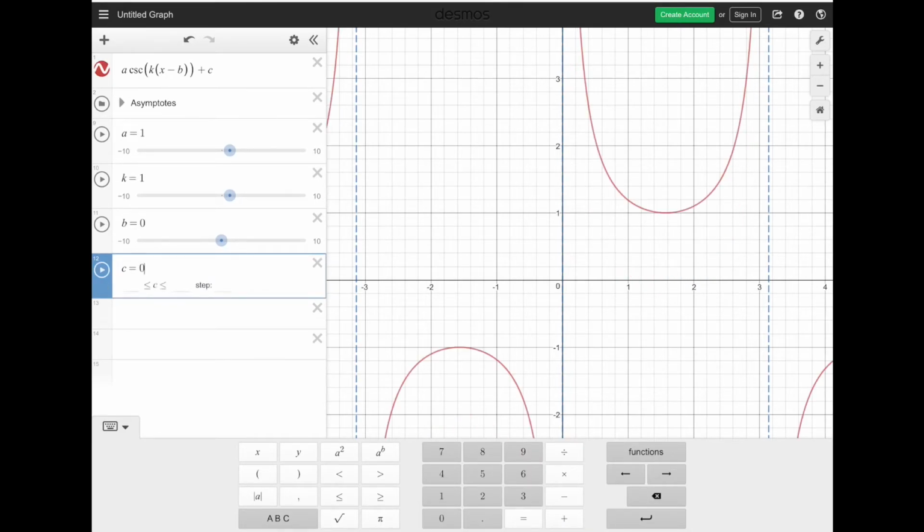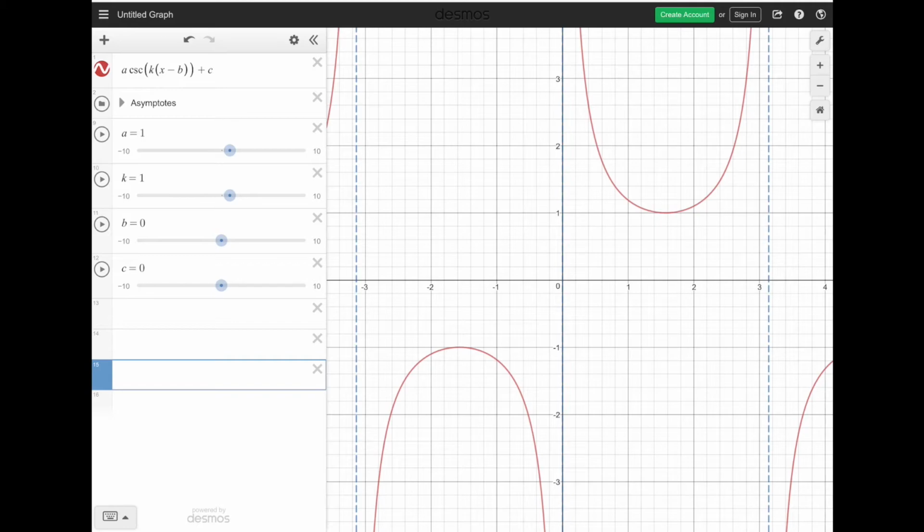So there you go, there's your summary. So A kind of pulls the graph away from the x-axis. K changes the period. Increasing K makes the period smaller, and decreasing K makes the period bigger. Changing B will just move everything to the right or to the left.